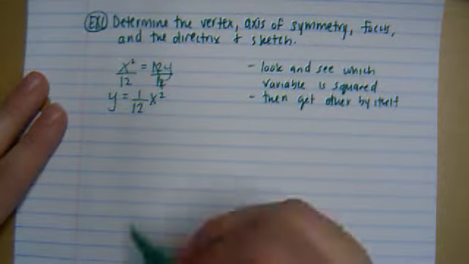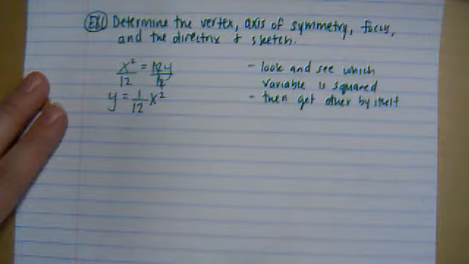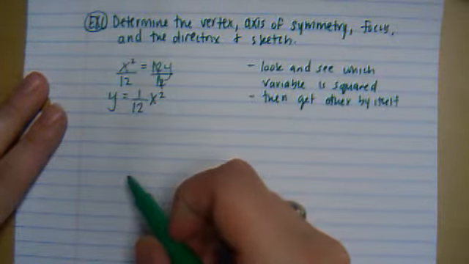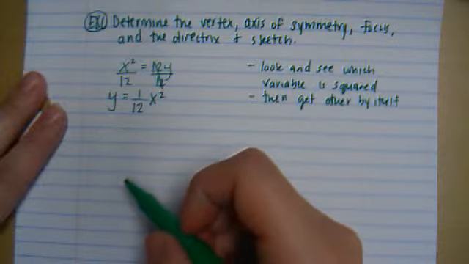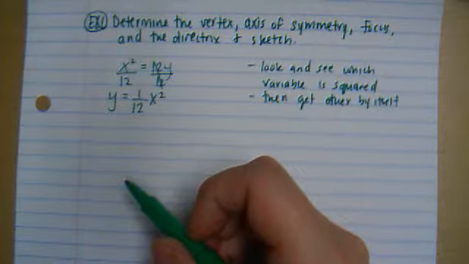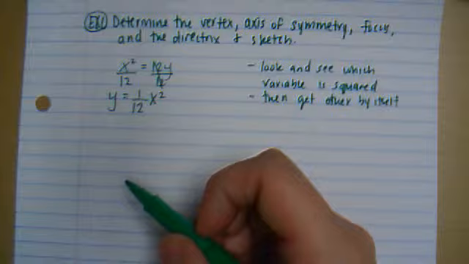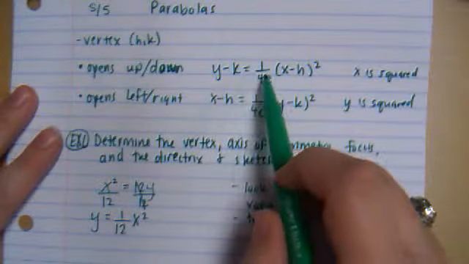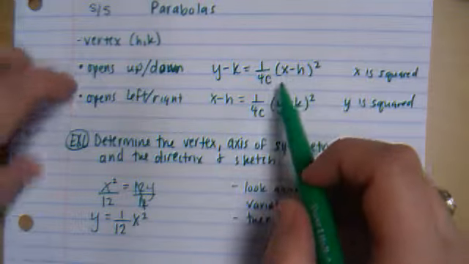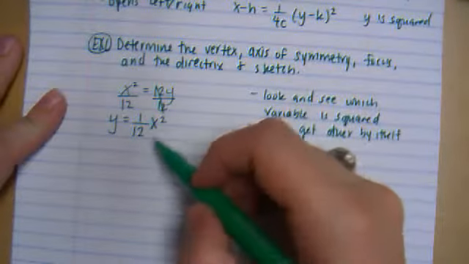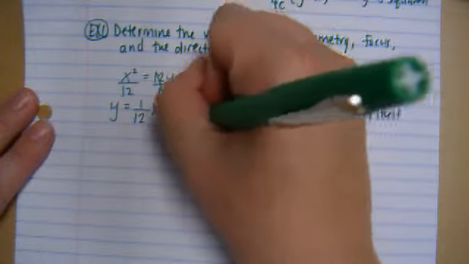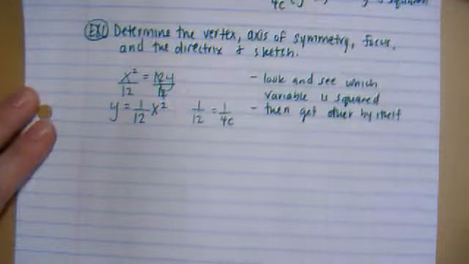Okay, now I need to figure out what the focus is. Okay, and to figure out what the focus is, I need to figure out what c is. So we can figure out what c is by looking at the equation. We have y minus k equals 1 over 4c times x squared. So whatever this number is in front of the x squared, I'm going to set it equal to 1 over 4c.